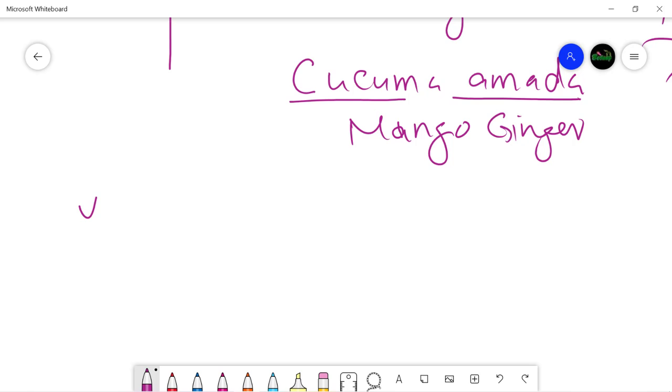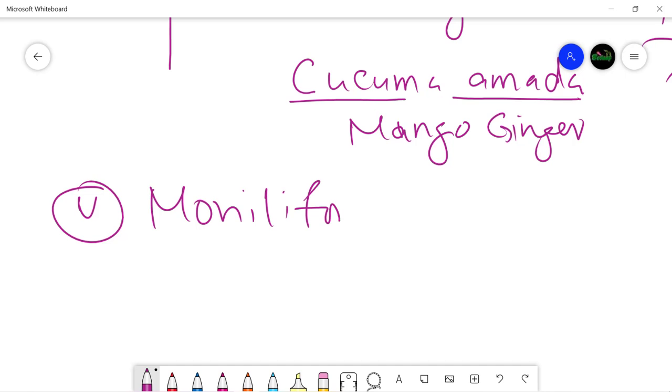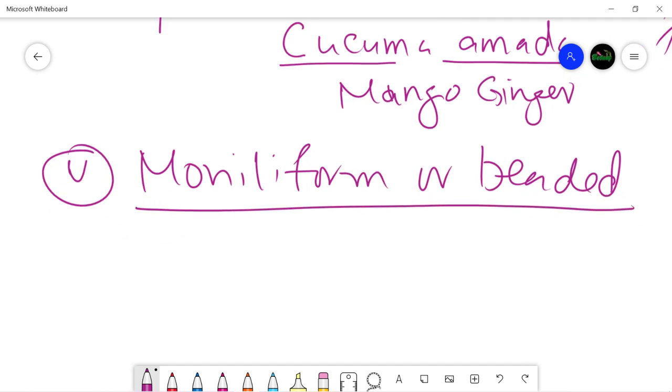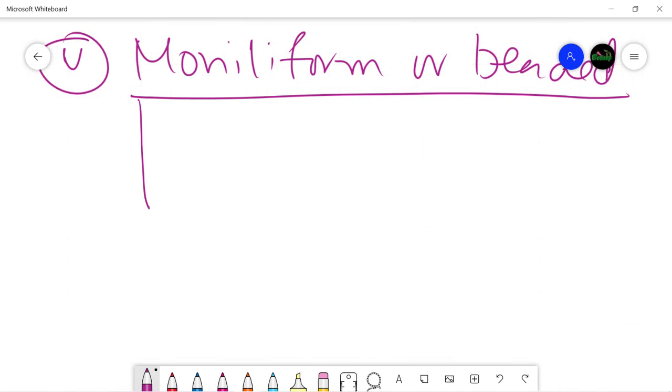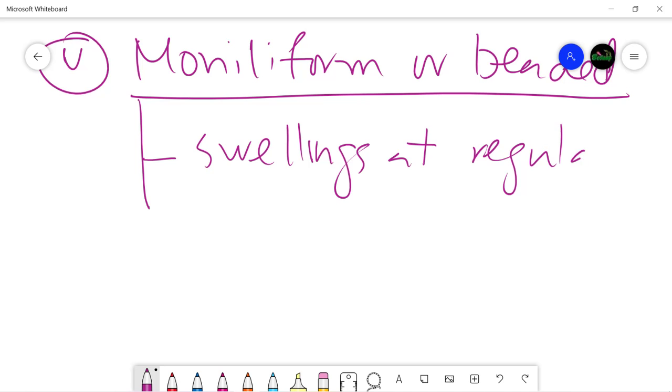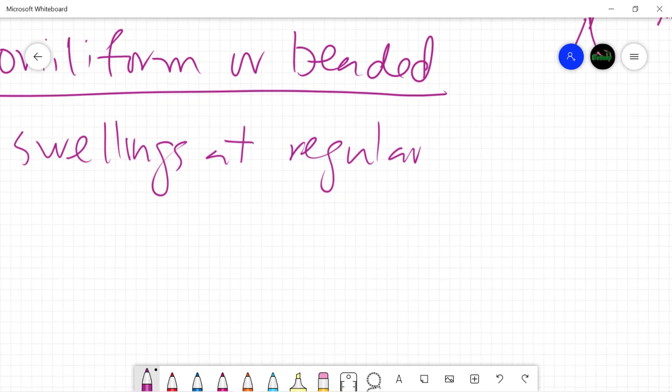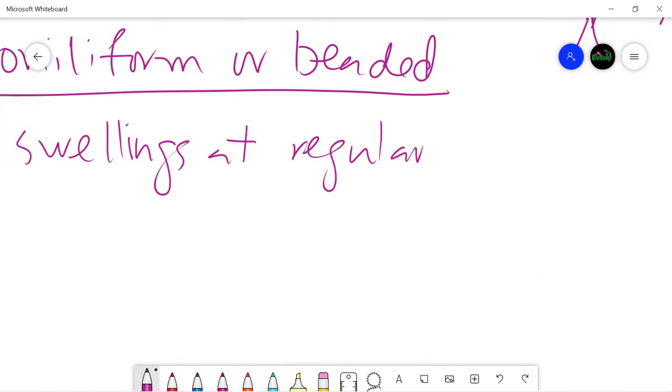The fifth one is moniliform. Moniliform or beaded, as their name indicates. These roots are fleshy, but they have swellings at regular intervals, and this is why they are named moniliform.